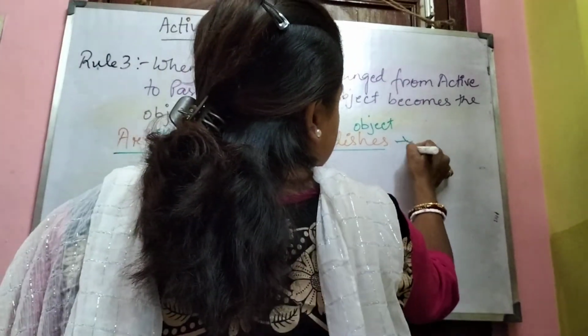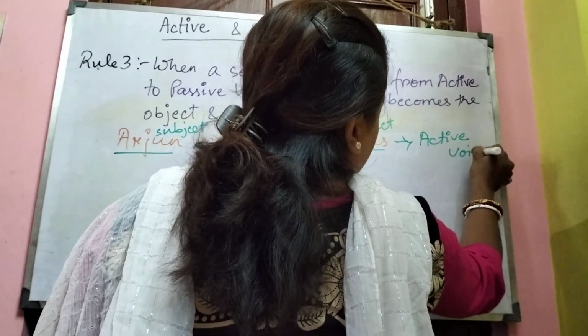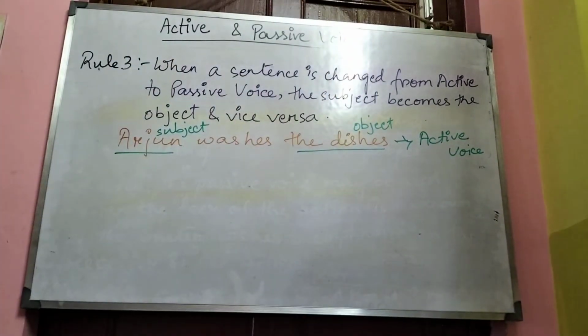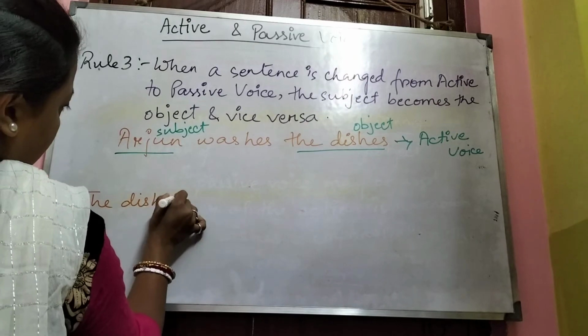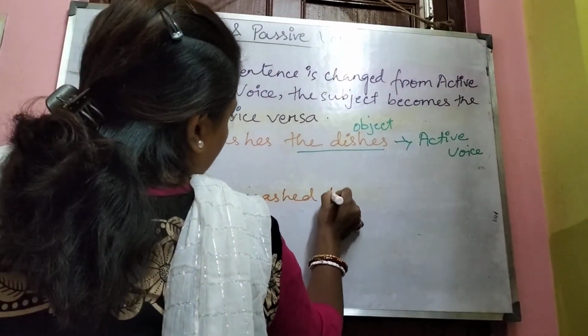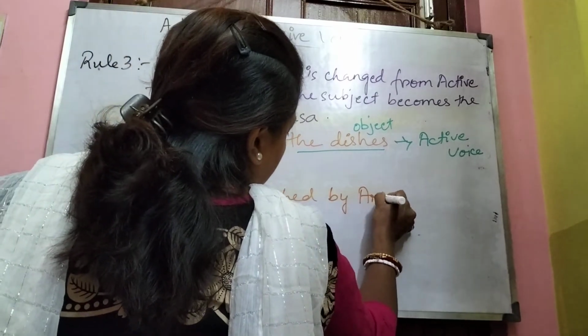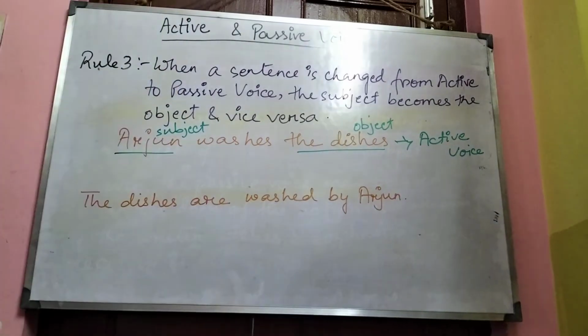Okay, so the sentence is in active voice. Now if we change this sentence into passive voice, the dishes are washed by Arjun.